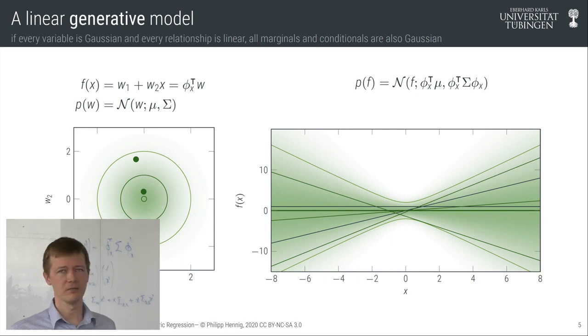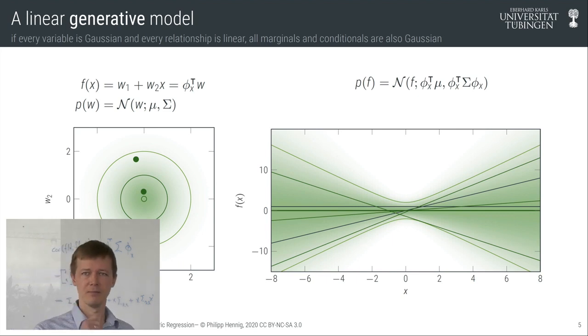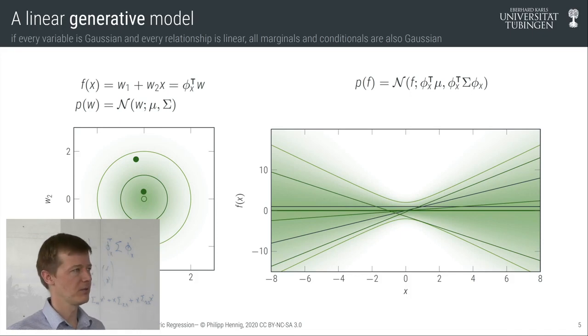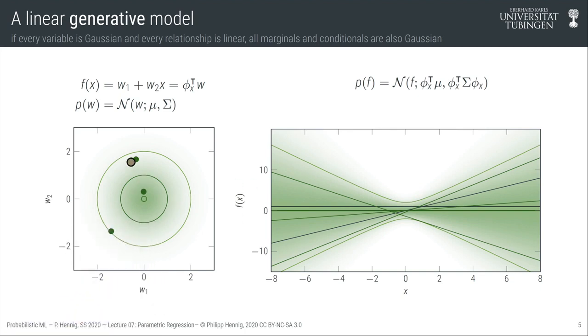So this is maybe a good point where you want to stop the video and think. I can tell you that these 3 green lines in here correspond directly to functions associated with these samples. Now you might want to stop the video, look at these 3 green dots, and think about which of them corresponds to which straight green line.